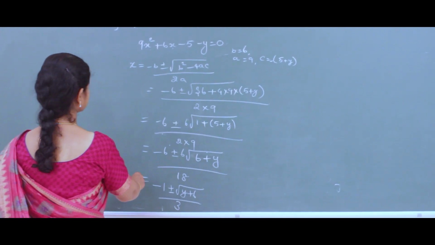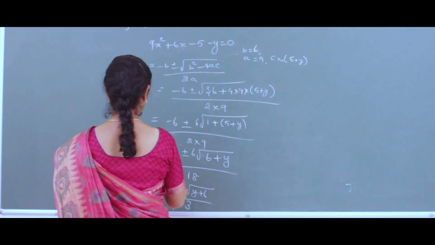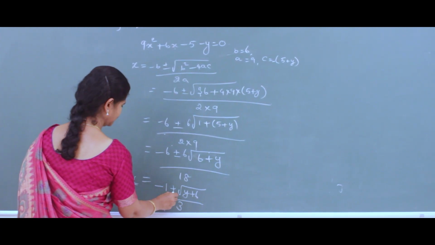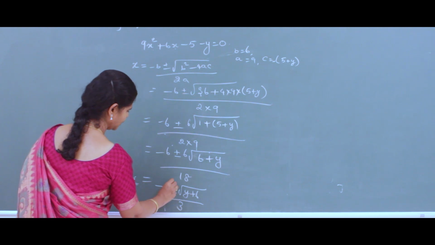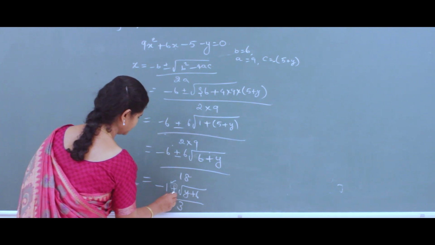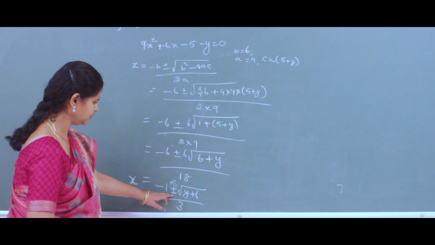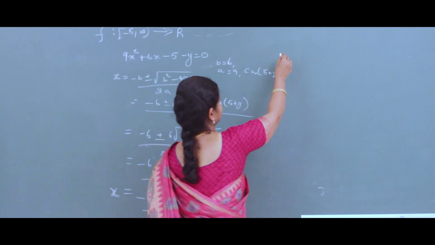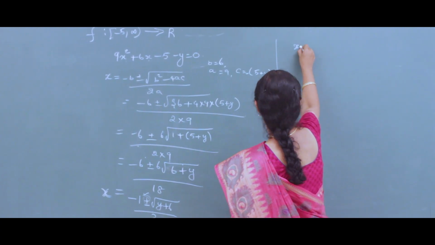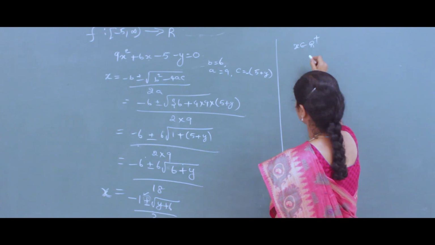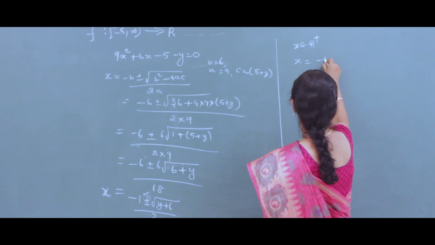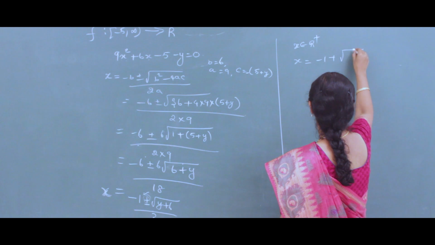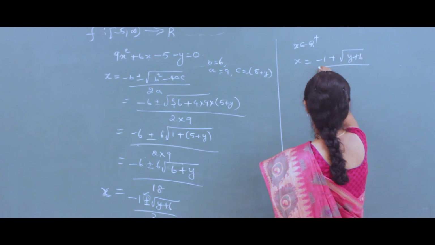But x is in R plus, therefore it does not take the negative value. Only the positive value will be taken. Since x is in R plus, x is equal to minus 1 plus square root of y plus 6, by 3.